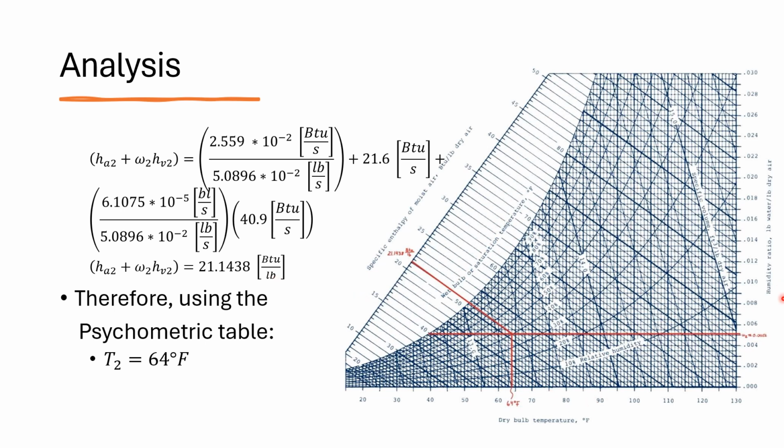We know the humidity ratio at state 2 is 0.0052, so we draw a straight line. We find this enthalpy value on the chart, which is here, and draw a line where these two meet. We then draw a straight vertical line down, and that gives us a temperature of 64 degrees Fahrenheit coming out of the humidifier.